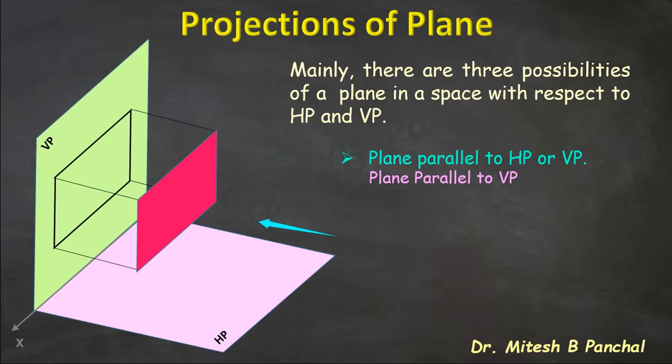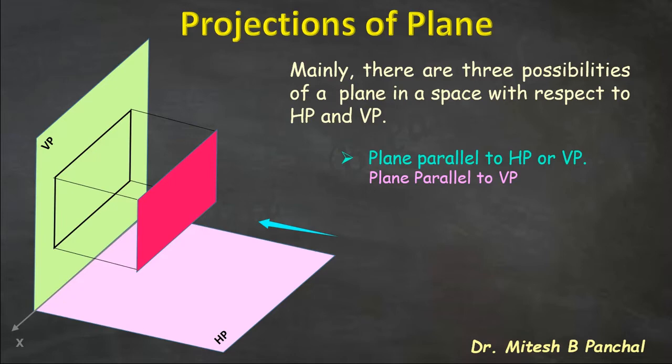In orthographic projections, all the projectors are parallel to each other and perpendicular to the plane of projection. So the shape of the projection on VP, that is the front view, is the same as the shape of the original plane. Means when we are viewing from the front side, we obtain the true shape of the plane in front view.